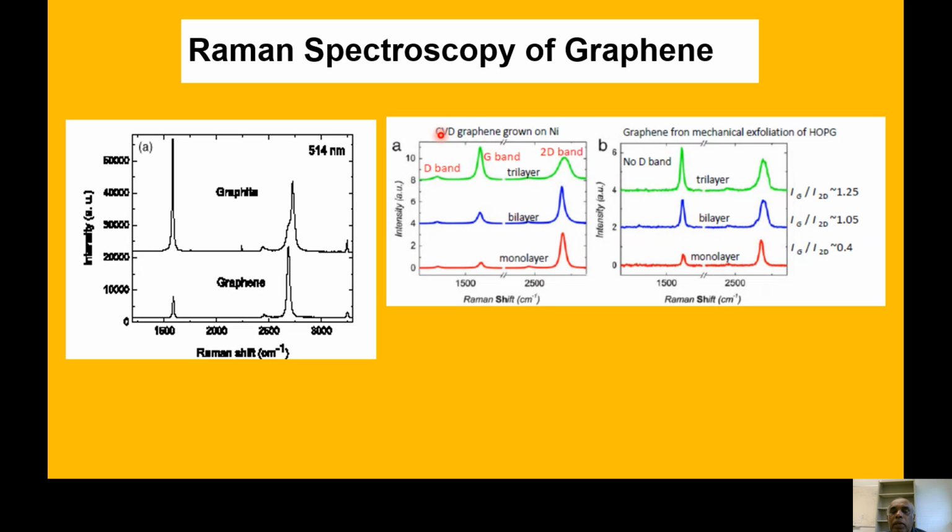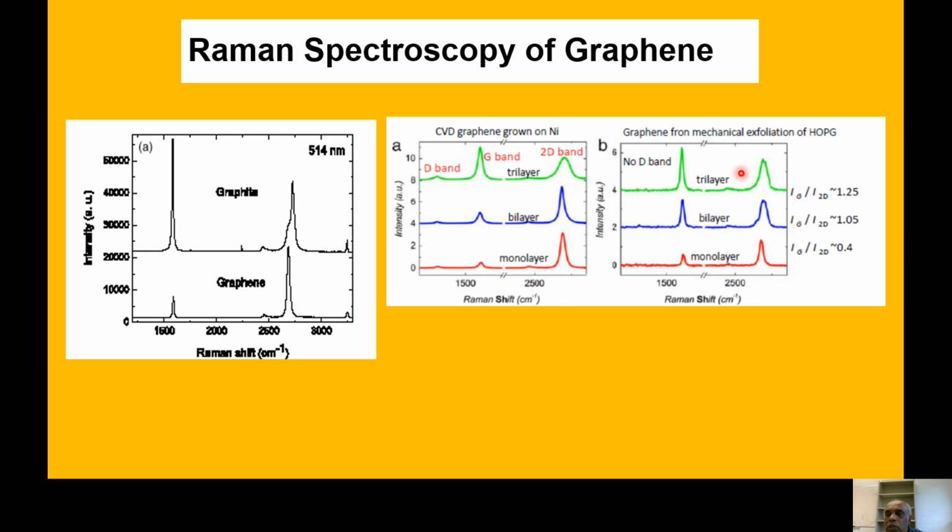This is graphene grown by chemical vapor deposition, and this is from the Scotch tape technique, mechanical exfoliation. These actually have much better quality, because here you have some impurity. That's why your D band is visible here, but for the Scotch tape technique, you don't see the D band at all.